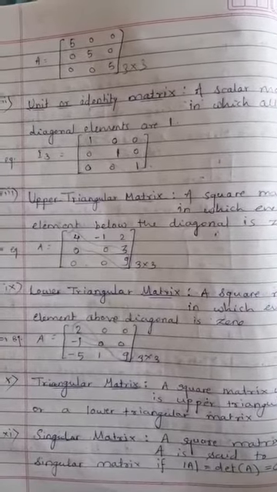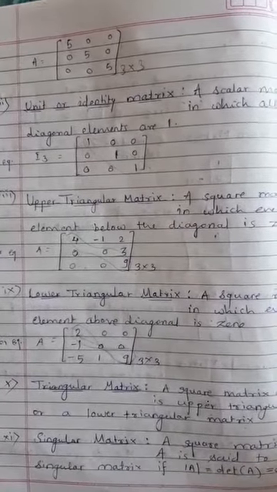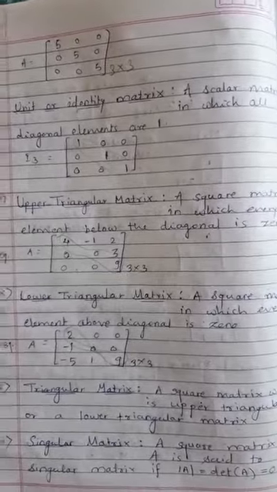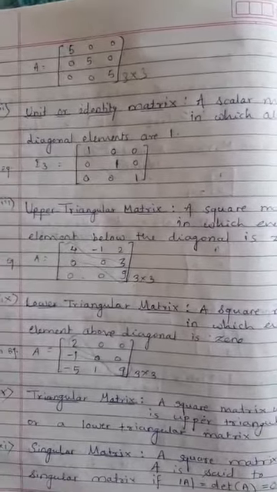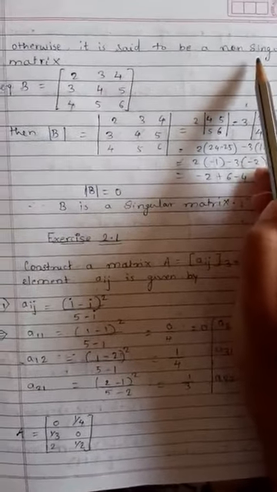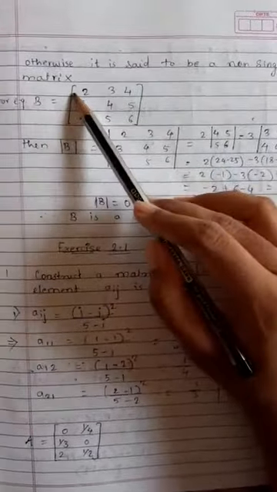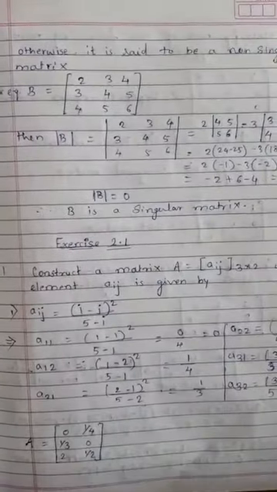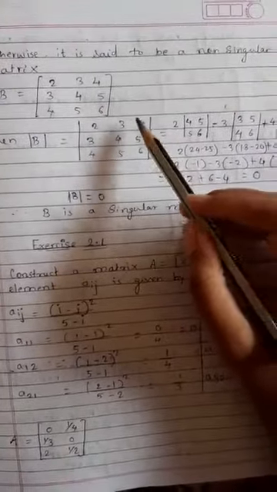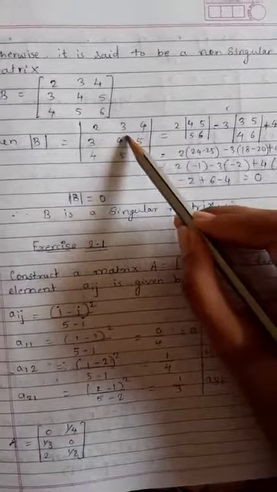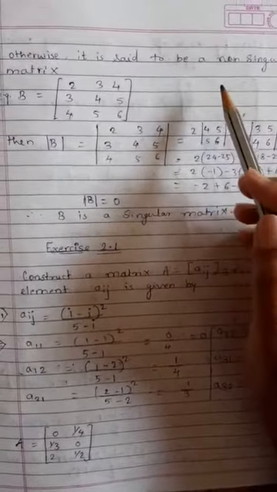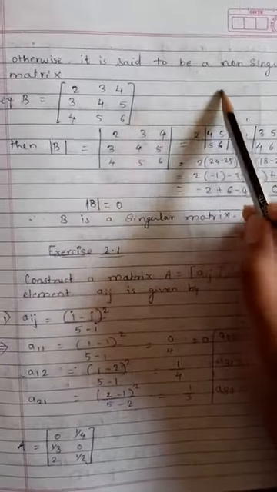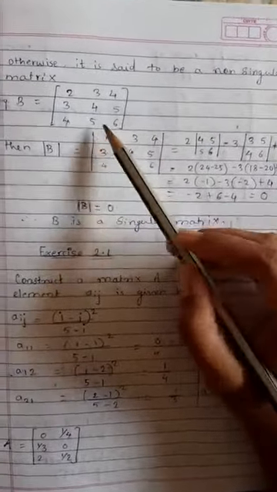A square matrix A is said to be singular when its determinant is equal to 0. Otherwise it is said to be a non-singular matrix. So if the determinant of the matrix is 0, then it is singular, and if it is not 0, then it is called a non-singular matrix.